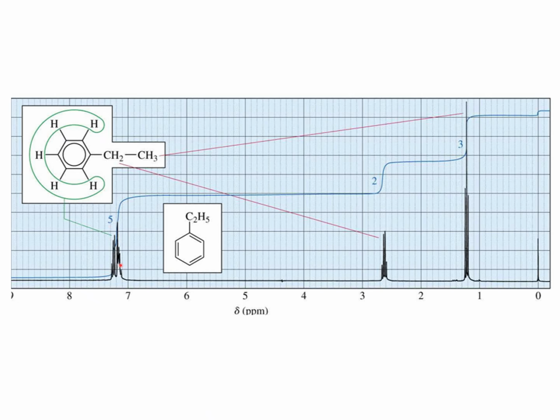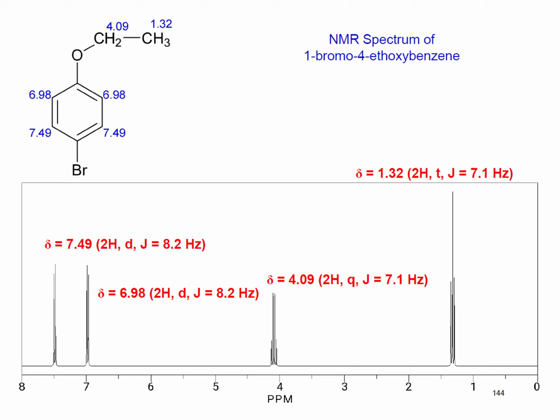The benzene would be 5, because benzene has 5 hydrogens. Then CH2 and CH3. For CH2, the nearby one is CH3, so it would be a quartet, and CH3 will be a triplet. For this, I think you can easily determine.